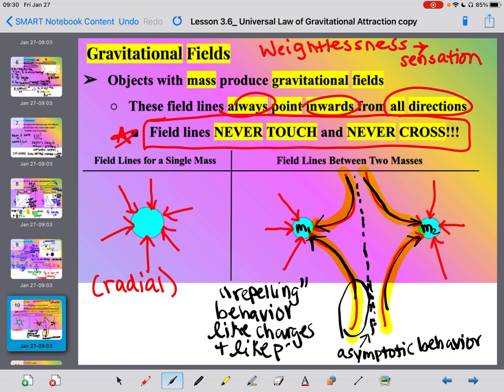So that's like an electron, or a proton, or a north and a south, okay? But they are not repelling. Keep in mind, gravity is attractive, okay? So even though it looks like a repelling behavior, that's why I put it in little quotation marks, it's still an attractive force though. Okay, so let's keep that in mind.